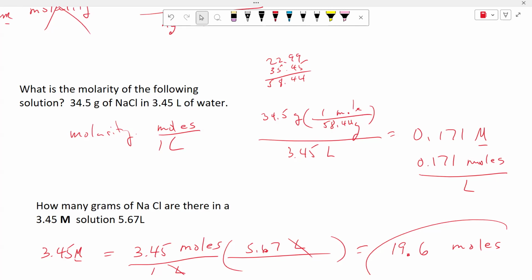Okay, so that's what I wanted to cover today. Now, on Friday, we're going to get much more complicated than this. I'm going to take two solutions and dump them together to create the new concentration.